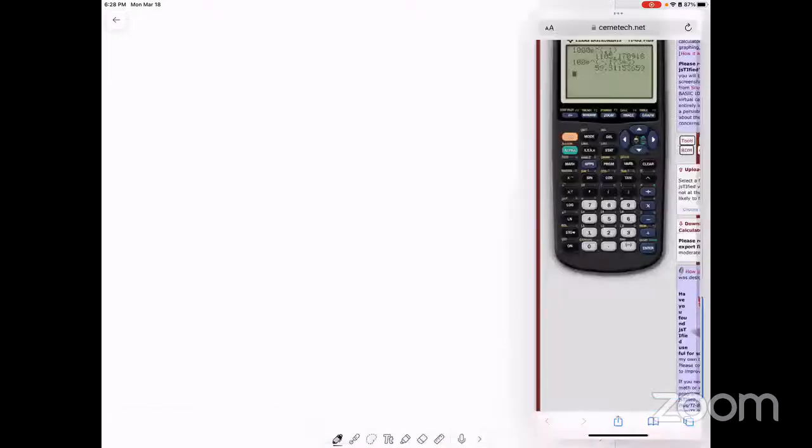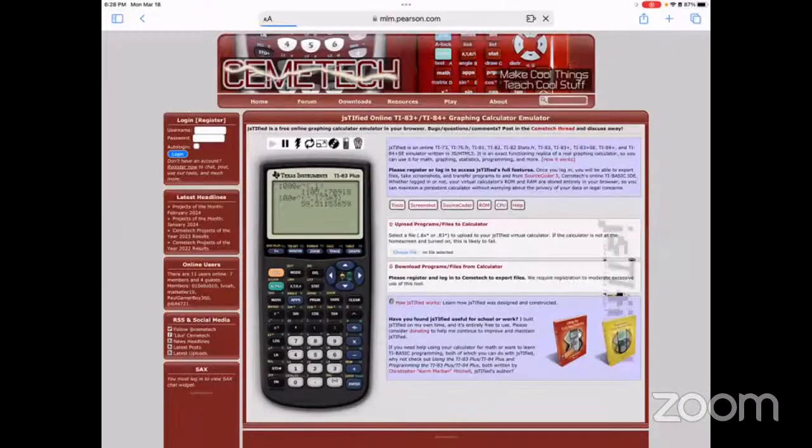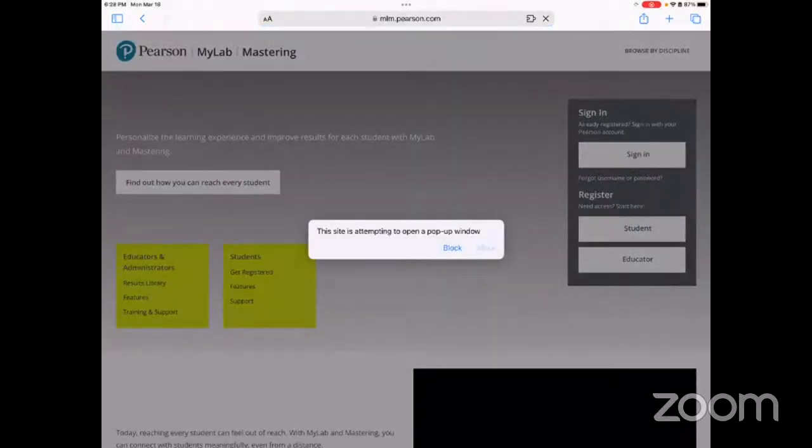Get my device to work properly. Let's just go full screen for now. Sign in.